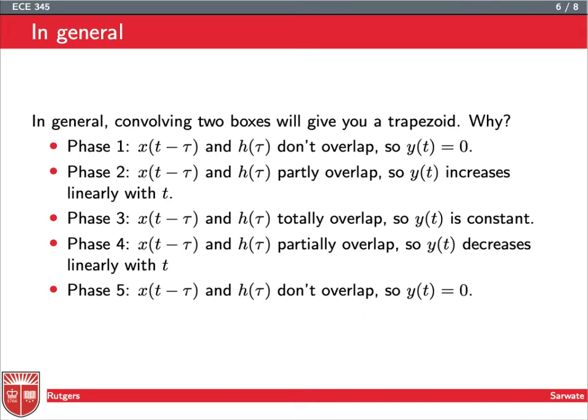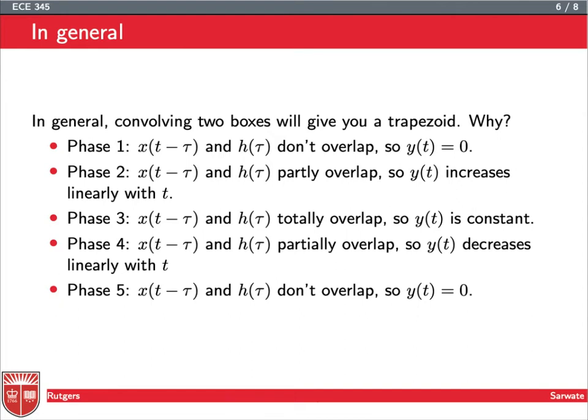We also saw that we have this 5-phase convolution that we had for discrete time. In phase 1, x of t minus tau and h of tau don't overlap. Then you get a partial overlap, a total overlap, another partial overlap, and then no overlap.